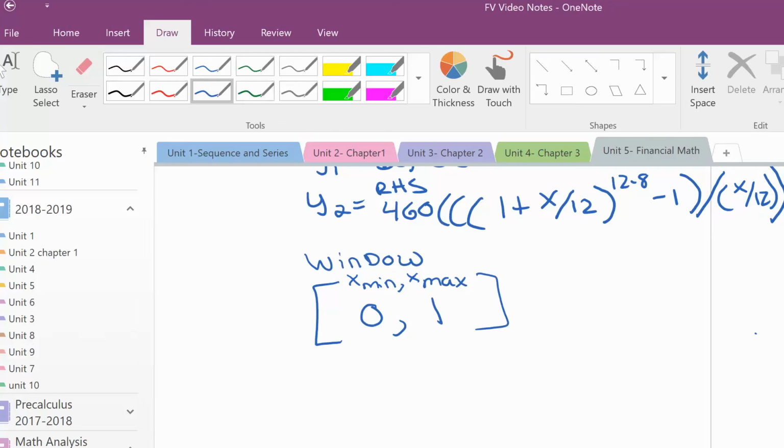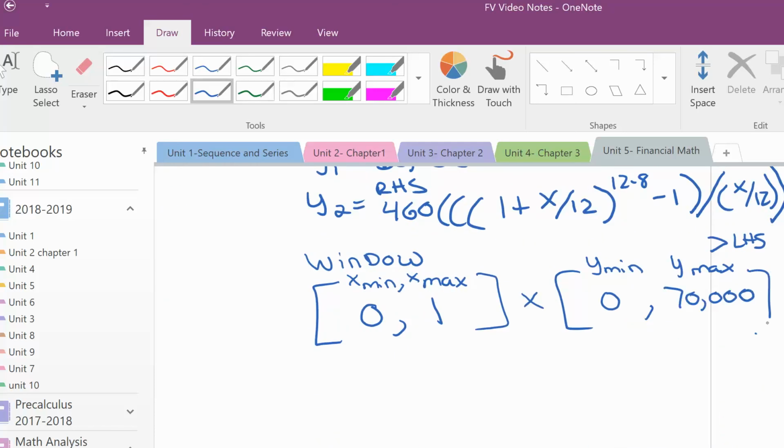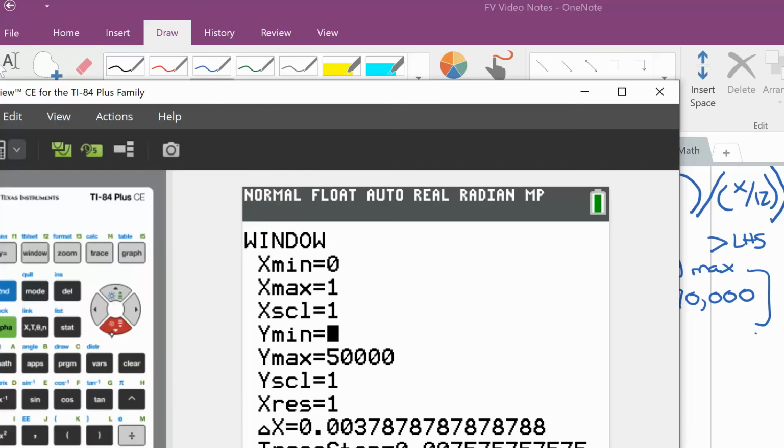The y minimum, because we're talking about money, $0, but the y maximum should always be greater than the left-hand side. So the y1. So since the y1 is 60,000, we'll make it 70,000. Don't do 60,001, make it a couple thousand bigger. So we have to do 70,000 here. Okay. So everything else stays the same.